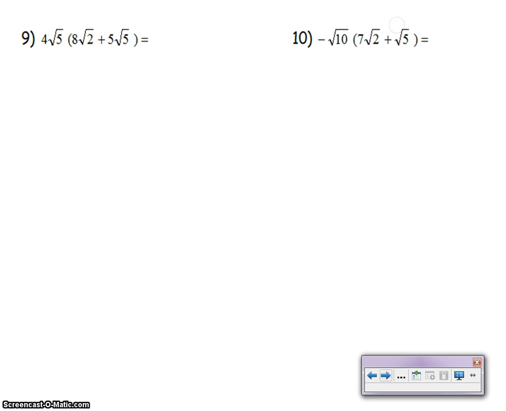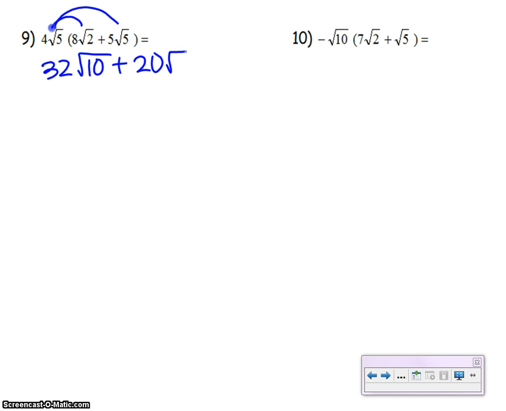Alrighty, onward. Let's go ahead and do some distributive property. So this we have a number on the outside as well. So we'll do 4 times 8 and we'll get 32. Root 5 times root 2 is the square root of 10 plus we'll have 20 times the square root of 25.